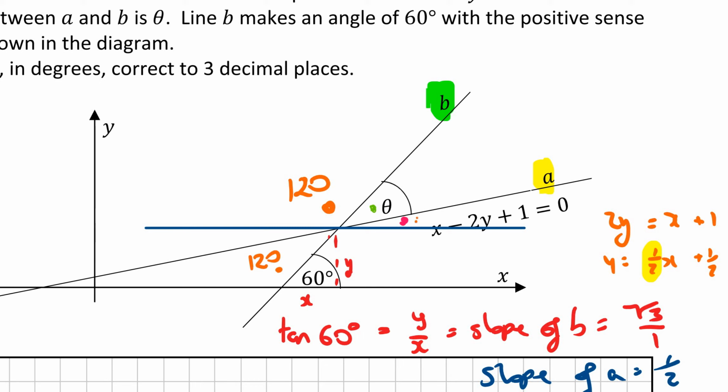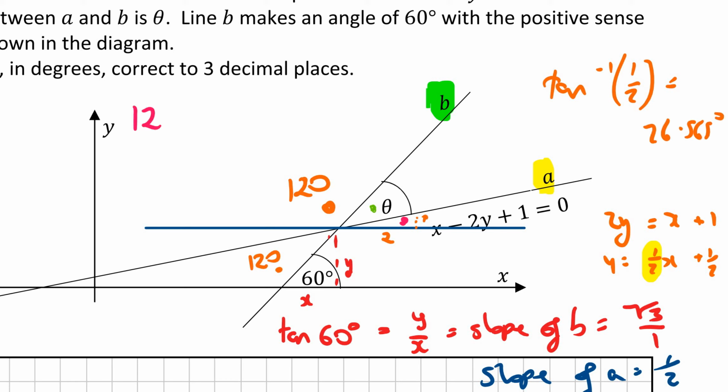This angle here, if the slope of that angle is a half, that means that ratio is 1:2. So inverse tan of a half tells me what that angle in pink is. Inverse tan of a half is equal to 26.565 degrees.